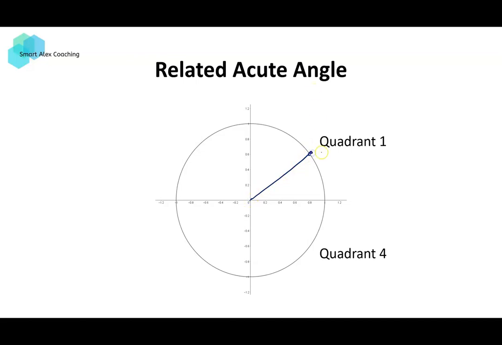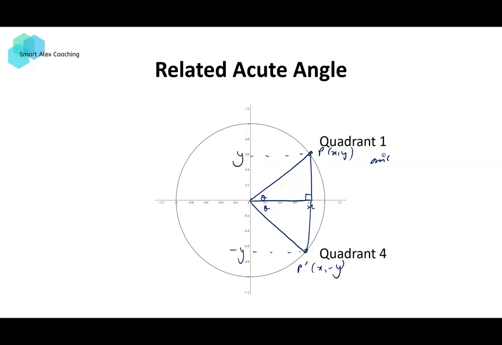Here's my point P with coordinate x, y. Here's my right angle triangle. That's my theta. That's my right angle. That's x. And this is y. Constructing an identical triangle in quadrant 4. This is P dash. It's going to have the coordinate x, minus y. So minus y is going to be here. That's theta.